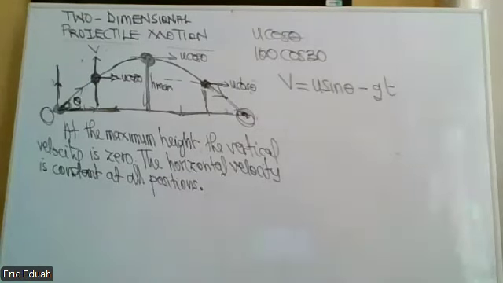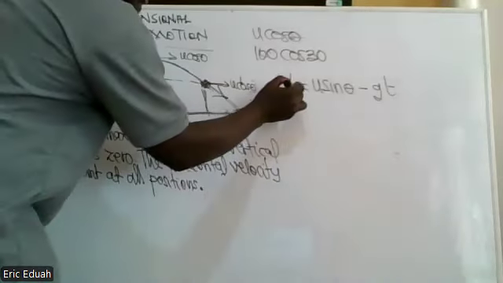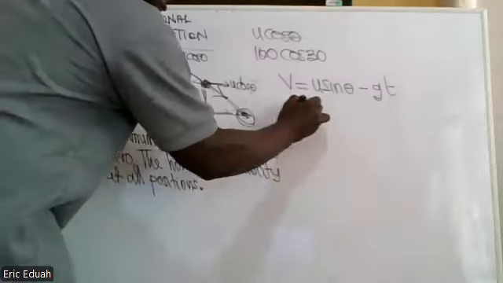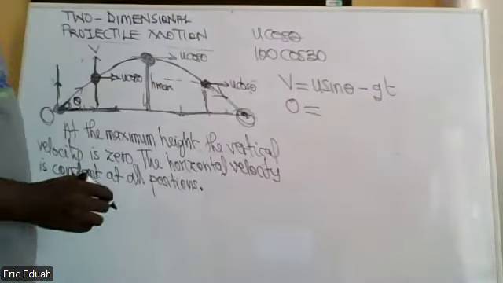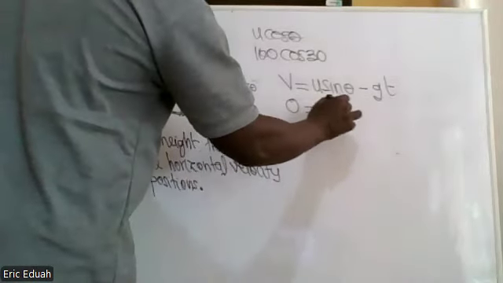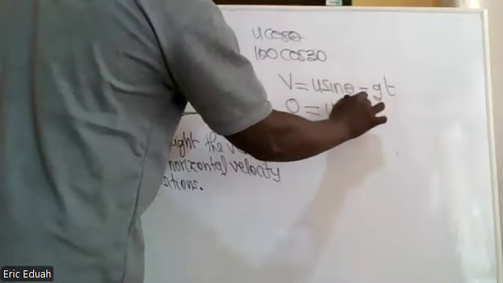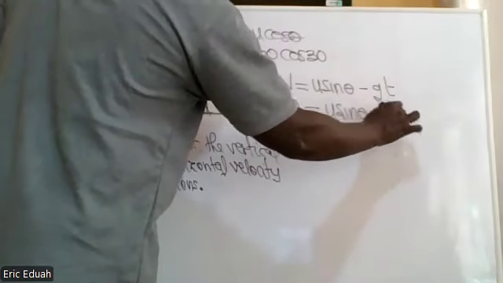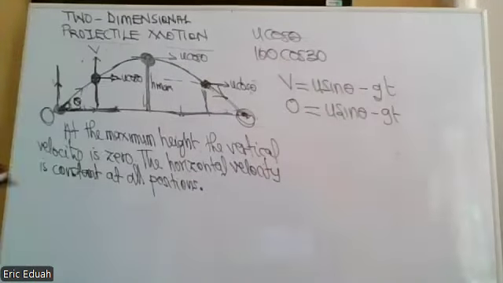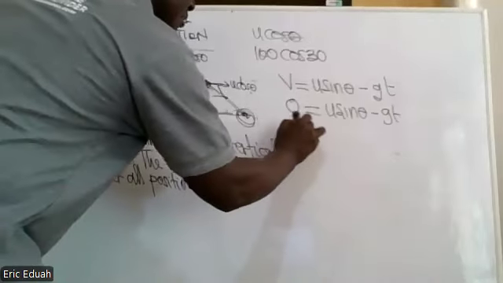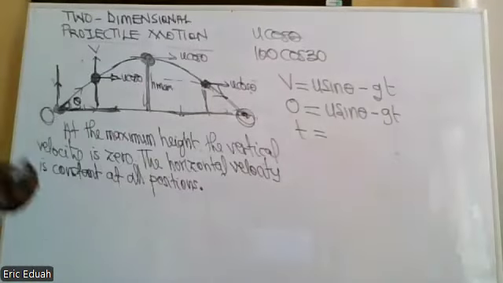So if at the maximum height v is 0, then when you equate 0 for this, you have 0 is equal to u sine theta minus gt. Bridget, help me make t the subject from this equation.